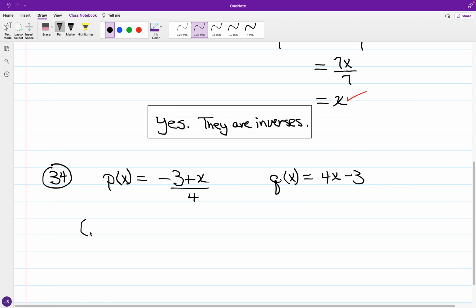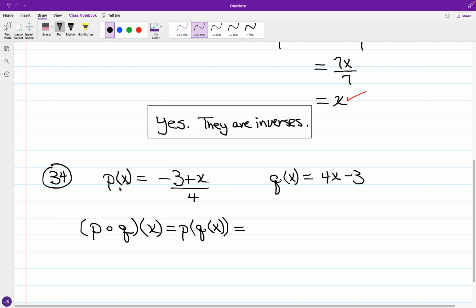If we try the first part, say we have p composed with q of x, so we have p of q of x. We have the outside function at p.